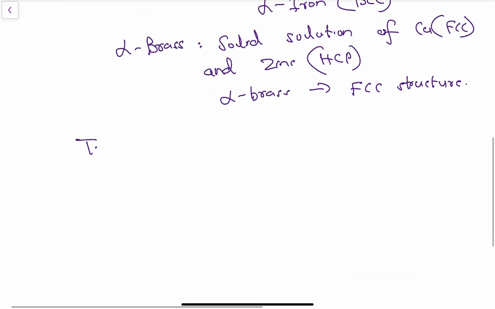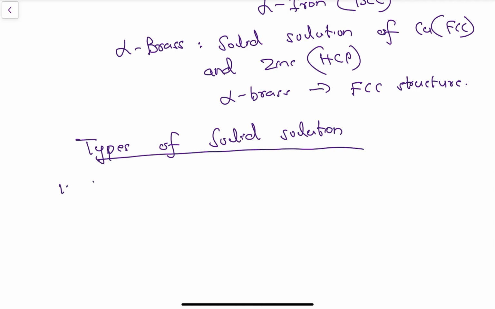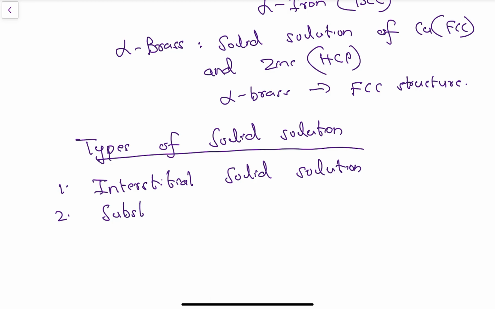And we have also seen what the different types of solid solution are. Let us look at that. The first one is the interstitial solid solution, and then you have the substitutional solid solution. We have seen in the previous lecture what interstitial and substitutional solid solutions are.